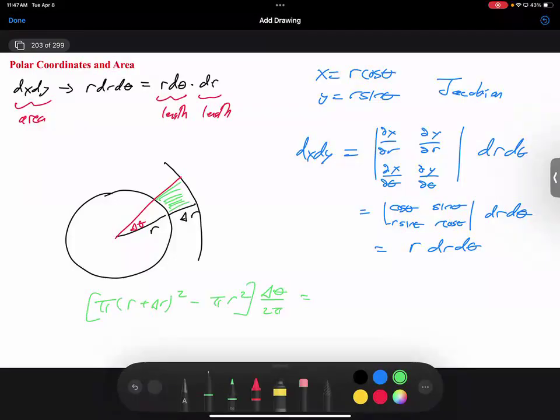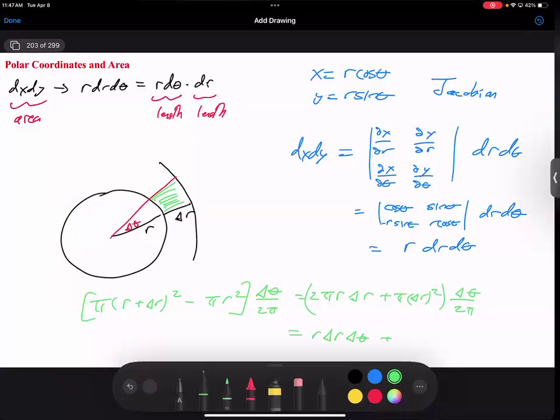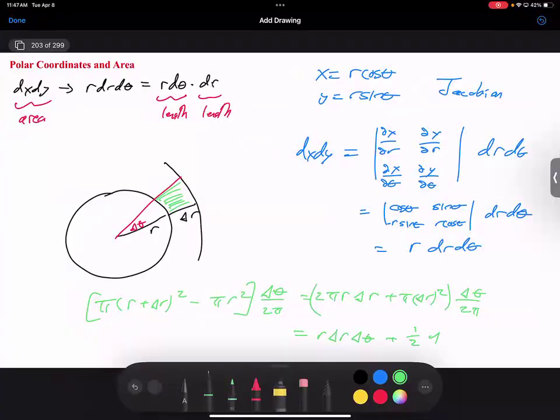And so when we expand things out, the pi r squared is going to cancel, and we're going to get 2 pi r delta r plus pi delta r squared, times delta theta over 2 pi. The 2 pi's cancel, we get r delta r delta theta plus 1/2 delta r squared delta theta.